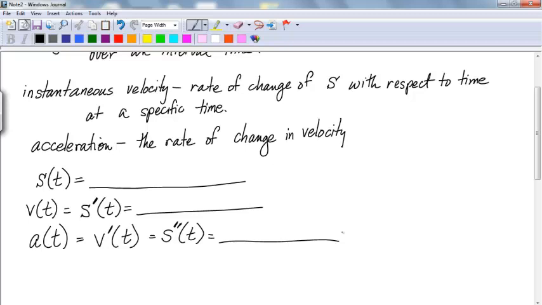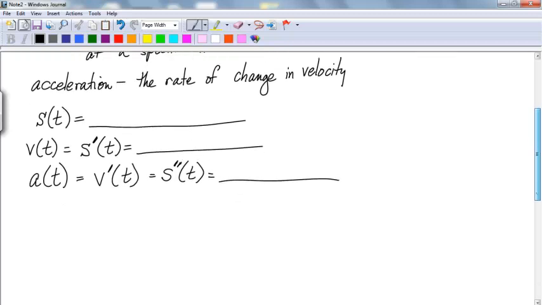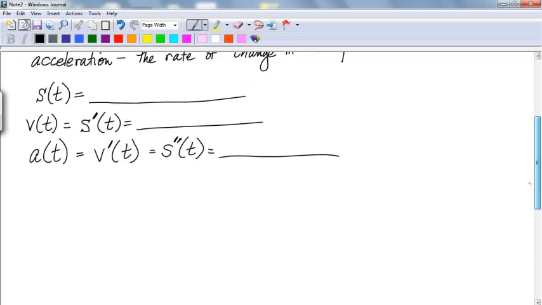Okay, now I'm going to go through a problem. This is a chain problem, that's all tied to the first problem.